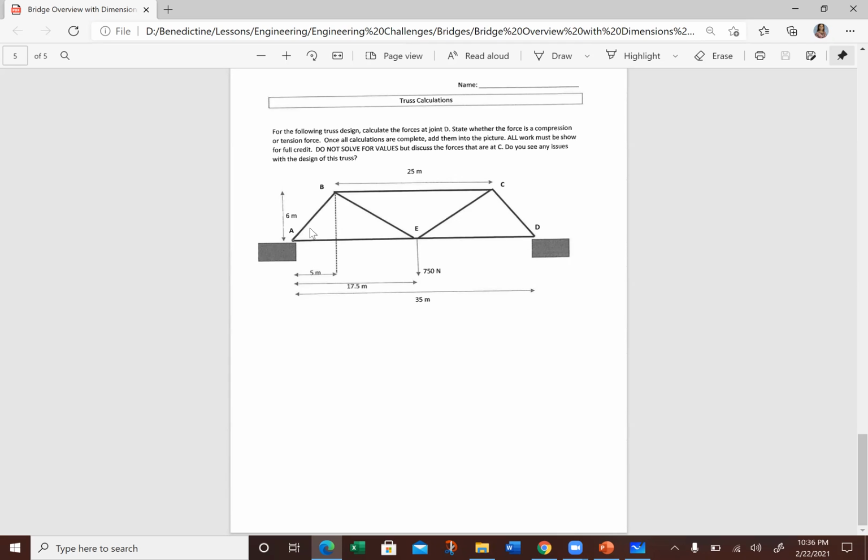It is not a 60, 60, 60. It is not an equilateral triangle. All right. So you don't have to solve for other values besides what's going on at D. So my question is, calculate the forces at joint D only. Okay, so good luck. And if you need help, just ask.